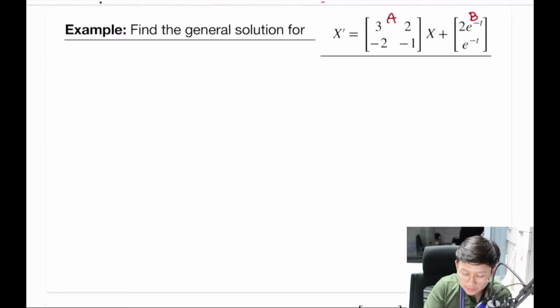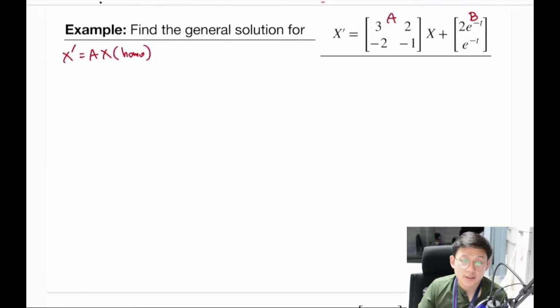We look at x prime equals Ax, which is the homogeneous case, when b is 0. We want to solve for xc, right?